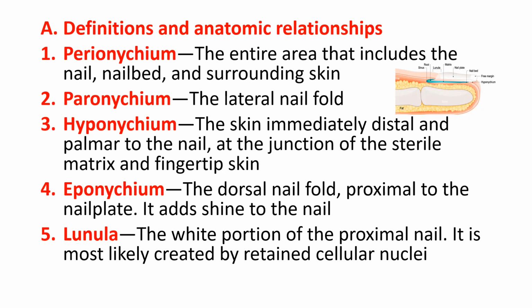The paronychium, the lateral nail fold. The hyponychium is the skin immediately distal and palmar to the nail bed at the junction of the sterile matrix and fingertip skin. The eponychium, the dorsal nail fold, proximal to the nail plate.